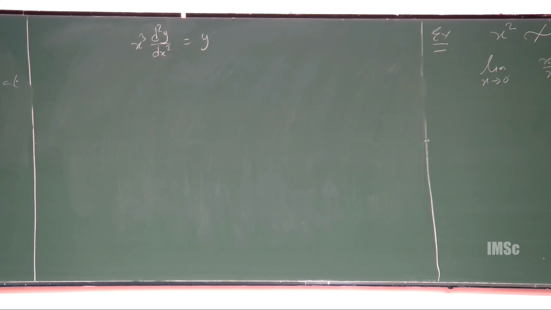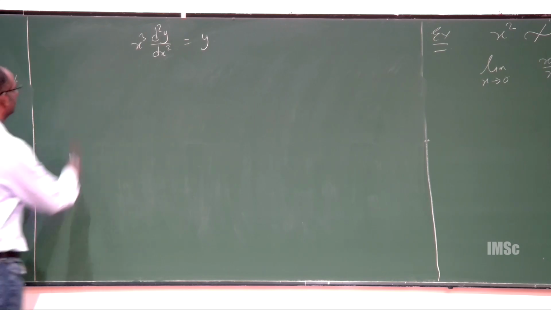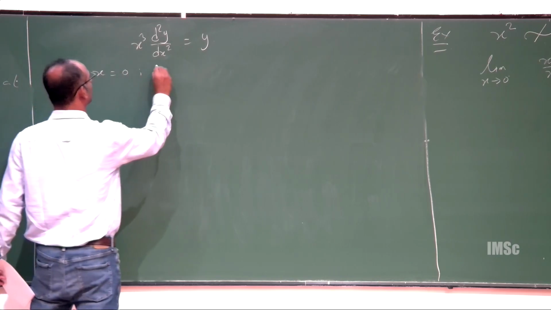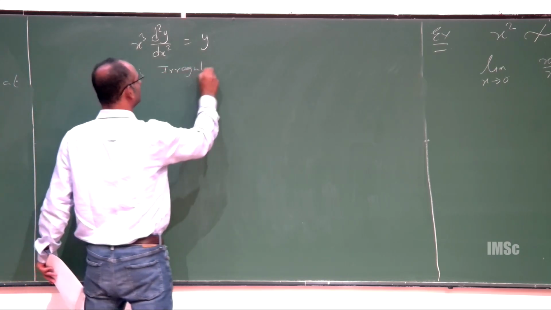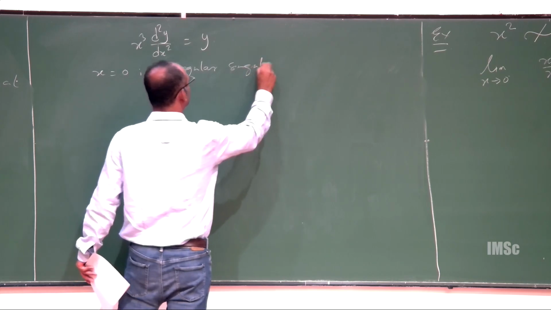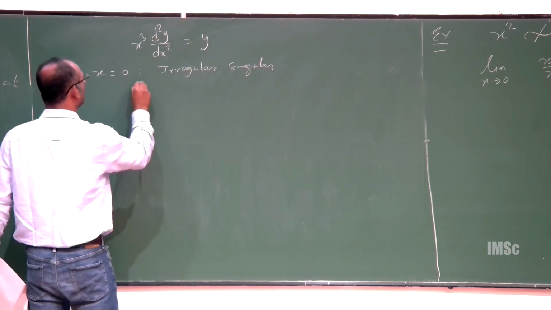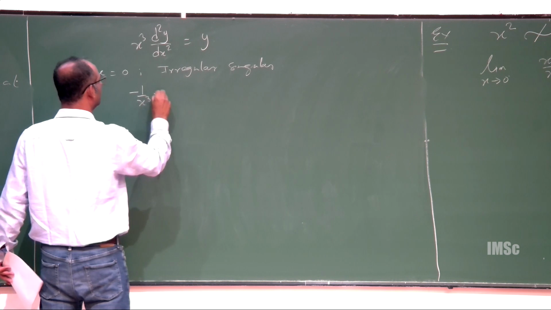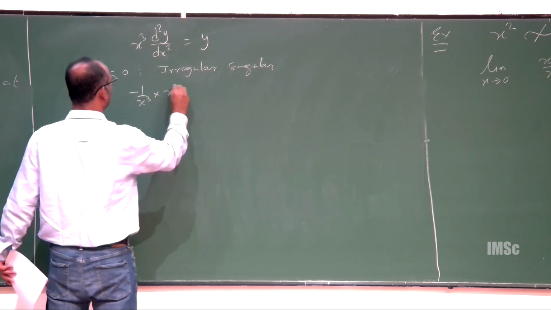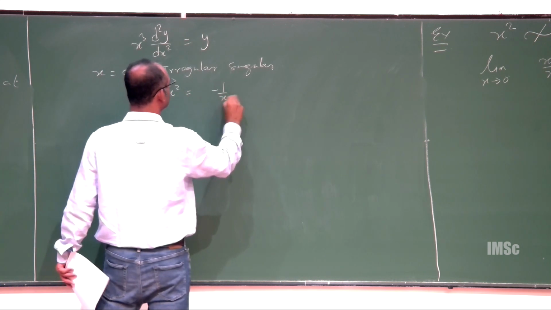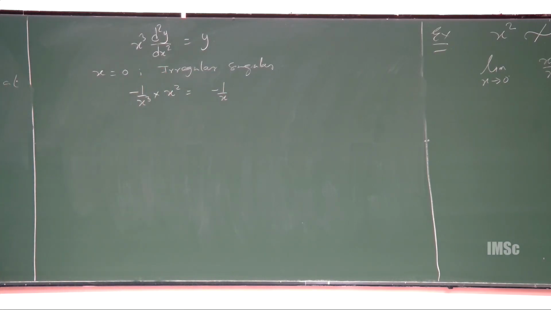I want to know whether it is regular singular or irregular, and clearly this product is still singular, which means that point is an irregular singular point, because minus 1 over x cube times x square is minus 1 over x, and this is not analytic at x equal to 0.